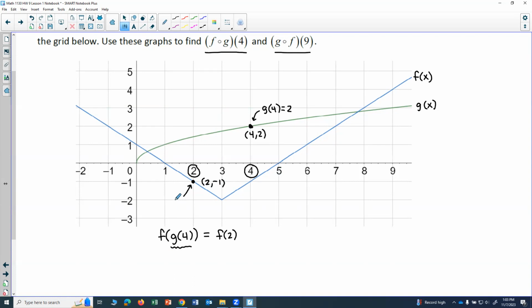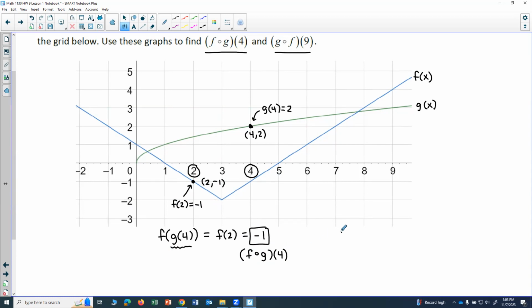And so that ordered pair is telling me that f of 2 equals -1. And so my result here will be -1. So that is f of g of 4. That's equal to -1.